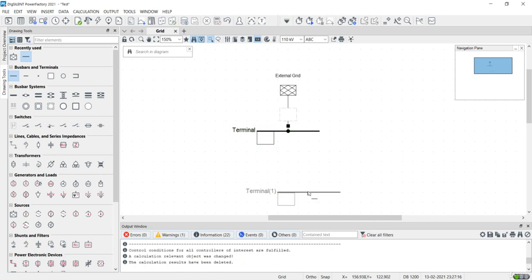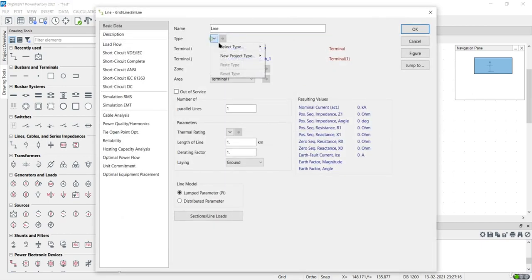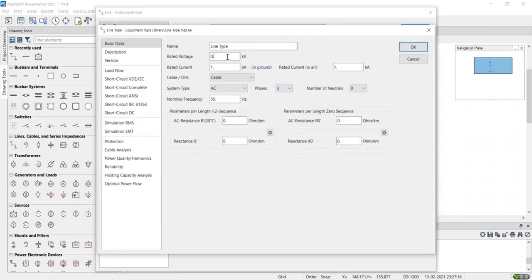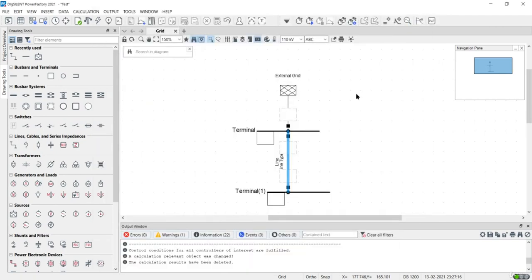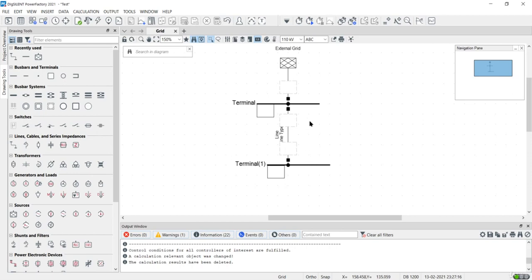Whenever you are modeling any transmission line or transformer, you should enter the same voltage between two buses.